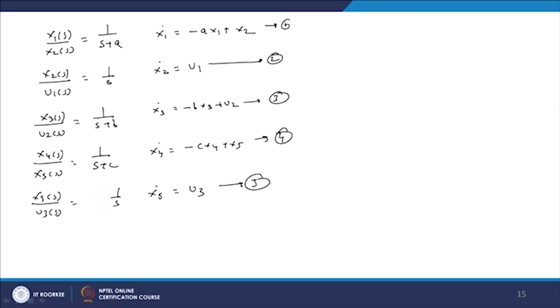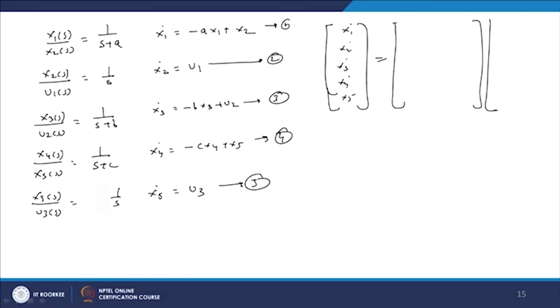So, here we write this equation as x1 dot, x2 dot, x3 dot, x4 dot, x5 dot equals the model matrix times x1, x2, x3, x4, x5 plus, now how many inputs are there?